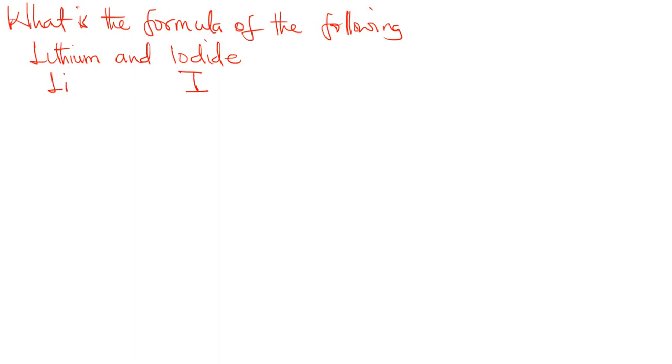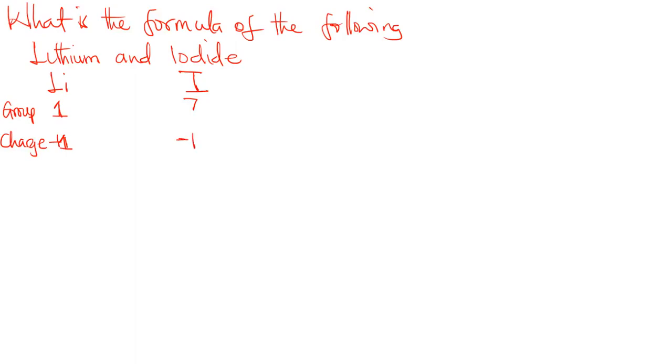Now, group. Lithium is in group 1. Charge: therefore, lithium has a charge of +1. Iodine is in group 7, therefore it has a charge of -1.